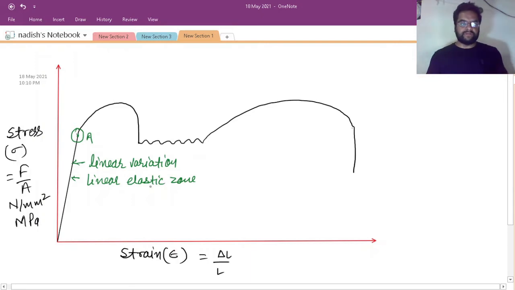Why is this called the linear elastic zone? Because this region is valid for Hooke's law. And what is Hooke's law?